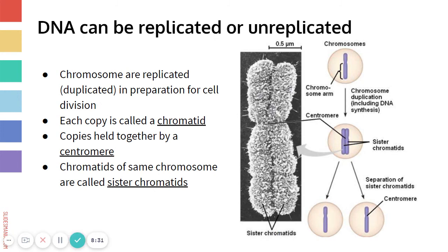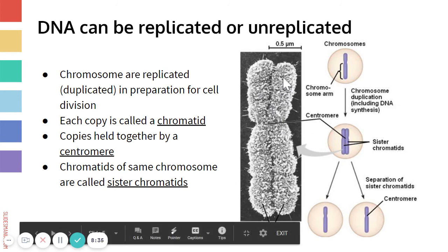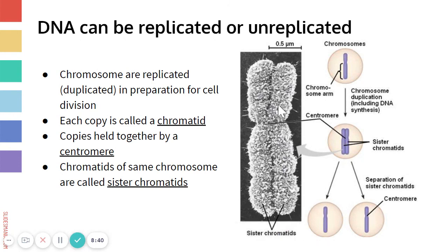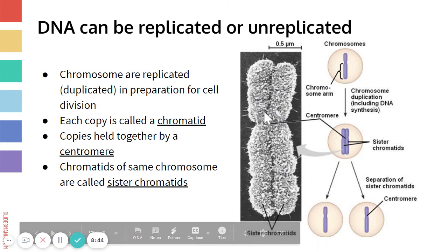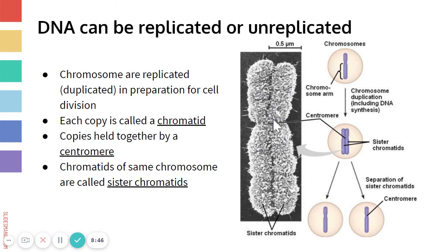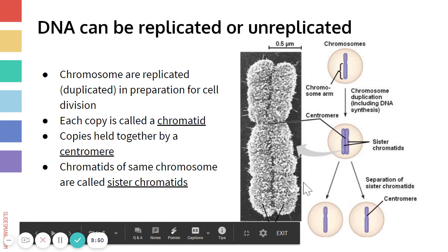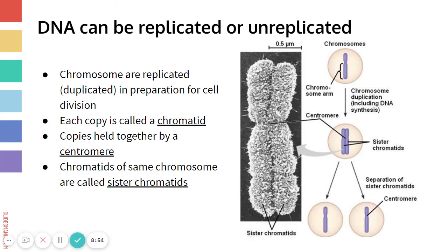So when we're thinking about what to call these copies, we call them chromatids. So instead of chromosomes, they're chromatids when they're in the copied form. And specifically, if we're thinking about two copies of the exact same chromosome, we're going to call them sister chromatids. So these sister chromatids are exact copies of one another. They're exactly the same.